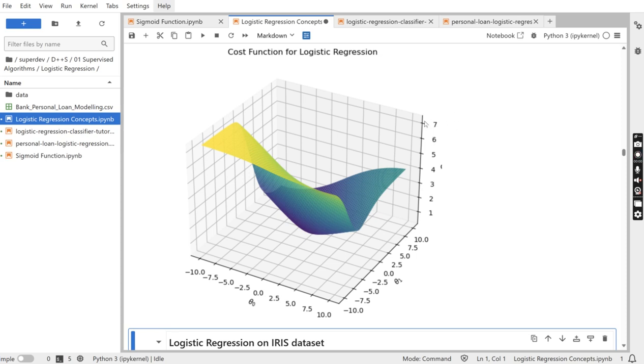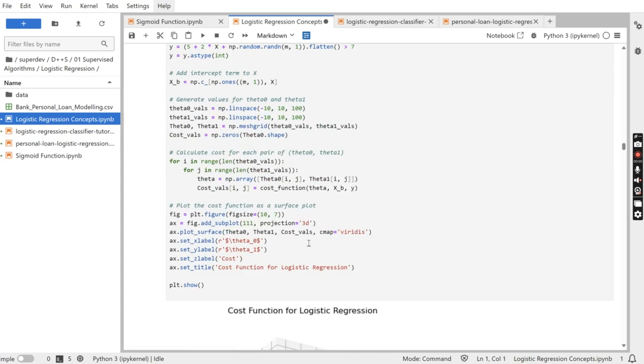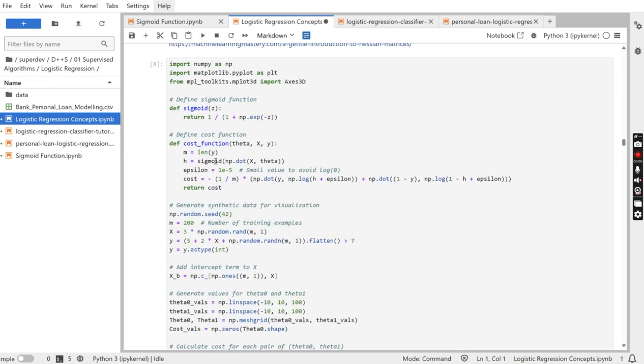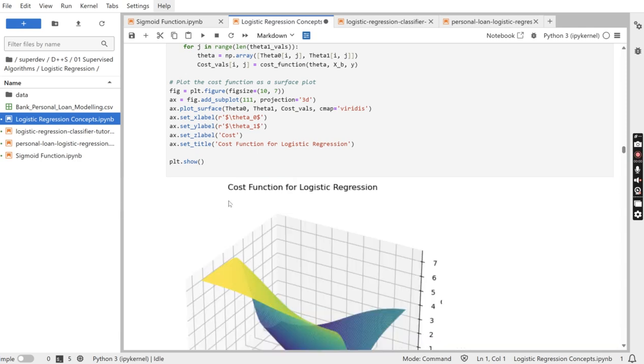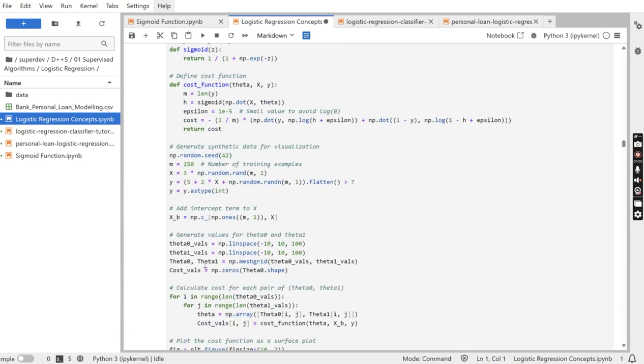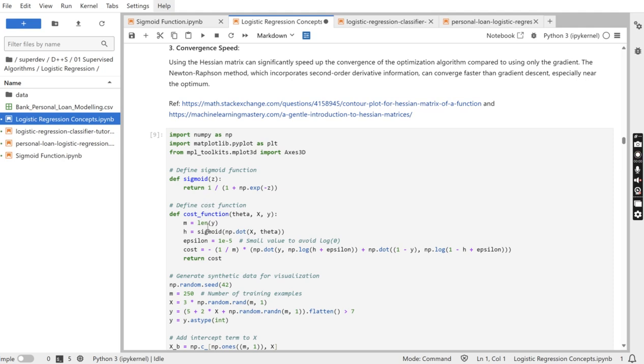Now you can see 7 here. The upper point is here. Clearly you have to go in this direction to the lowest point, wherever it is in this cost function. You can even add a few more points if you want. A few more points haven't changed it, but anyway you get the idea, right?